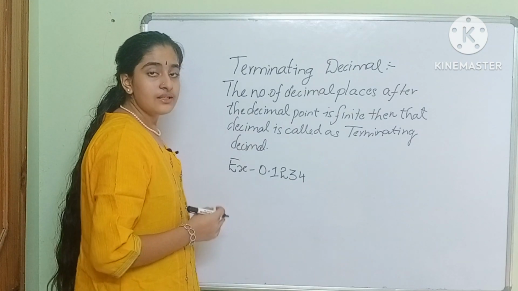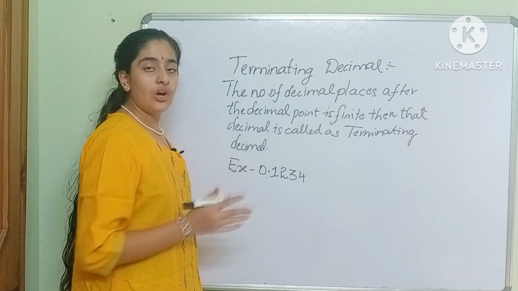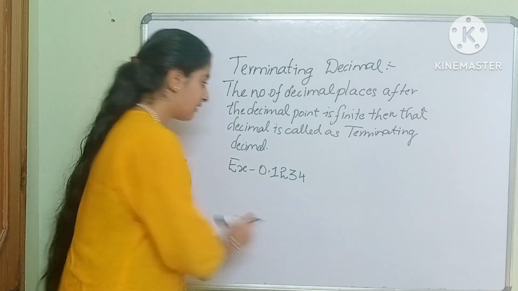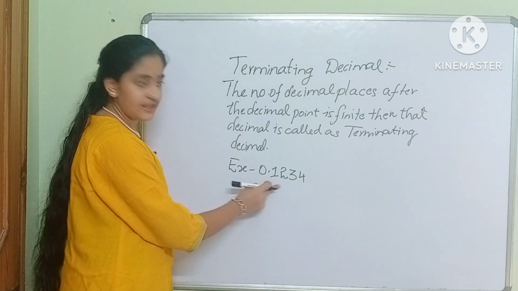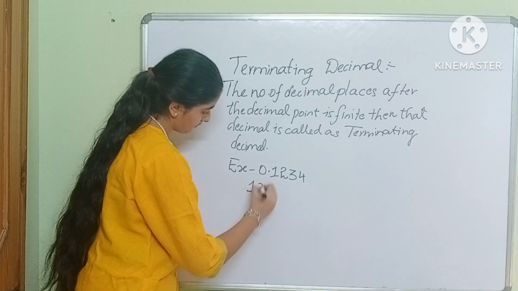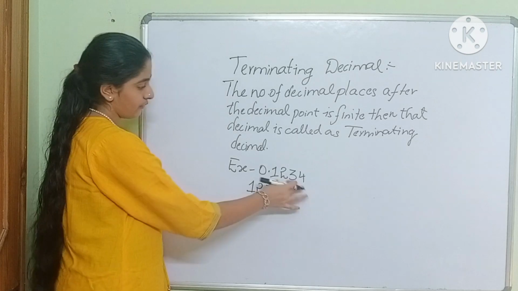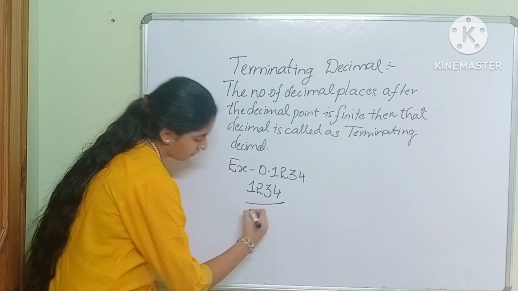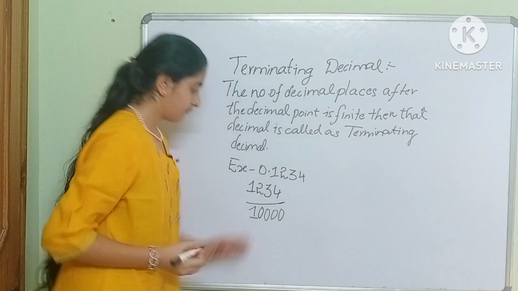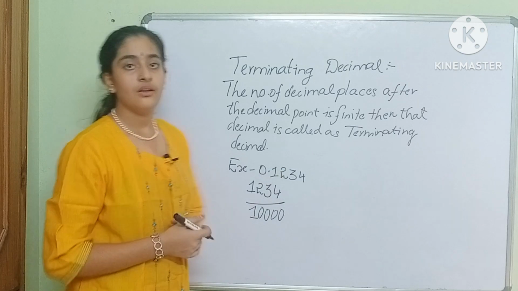And the numbers which will not end at one point are called non-terminating, recurring or repeating decimals. So this can be represented in the fraction form also, by 4 decimal places are there, so keep 4 zeros. This is the fractional form of this decimal.